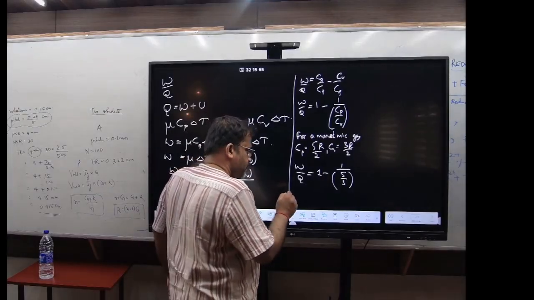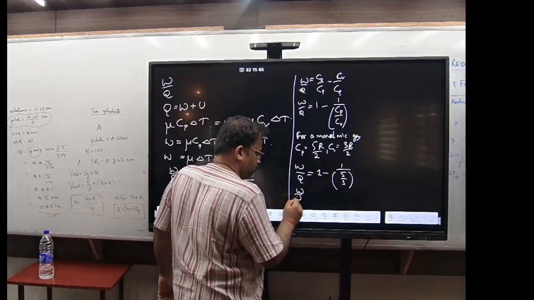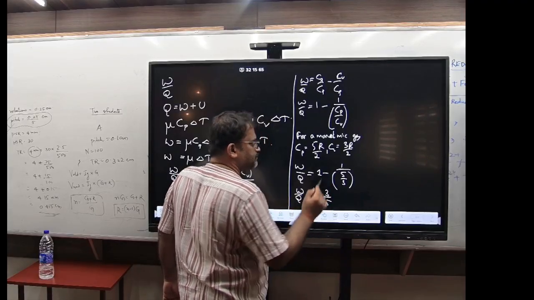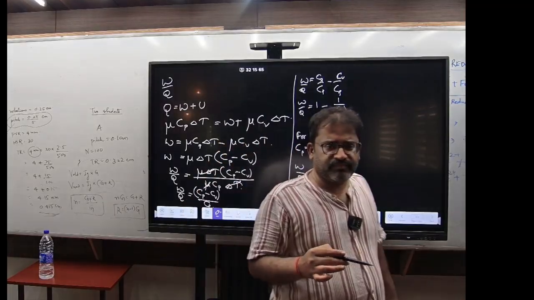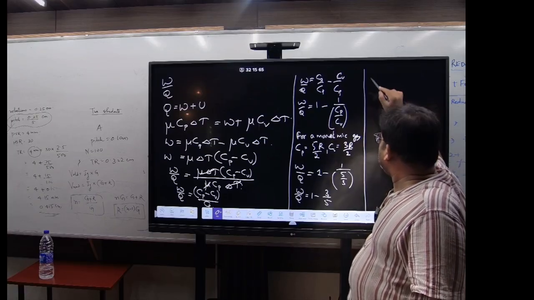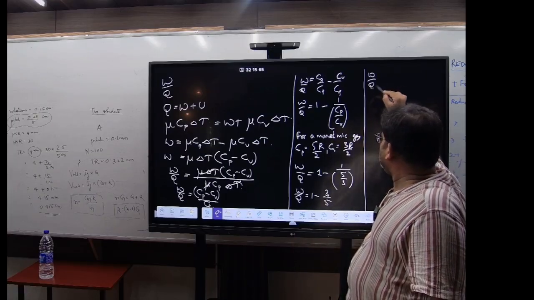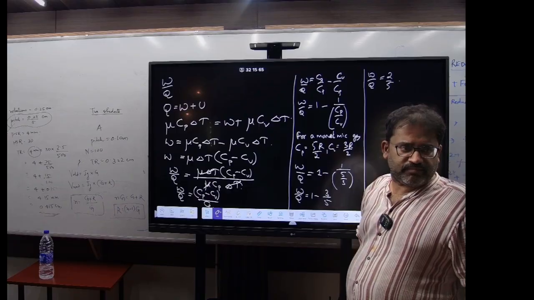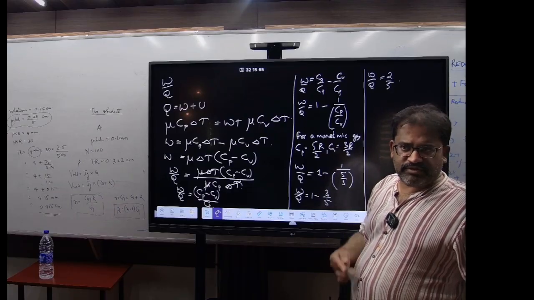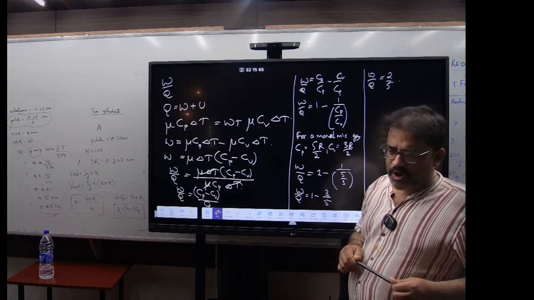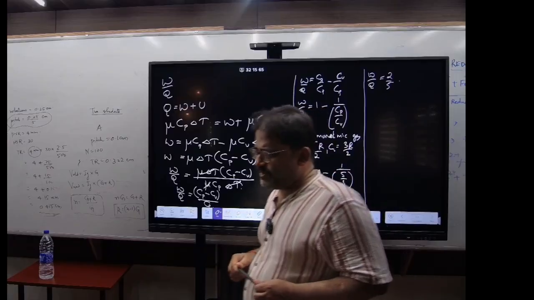Therefore, W by Q is equal to 1 minus 3 by 5. And the final expression will be W by Q equal to 2 by 5. So what is the right option now? Option 1. Verified.